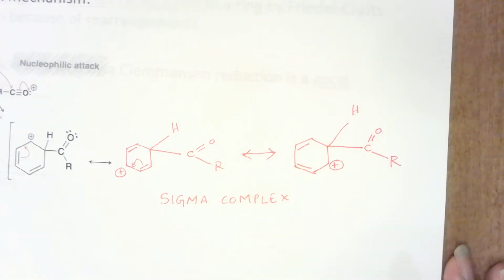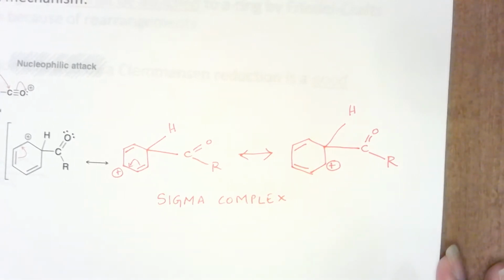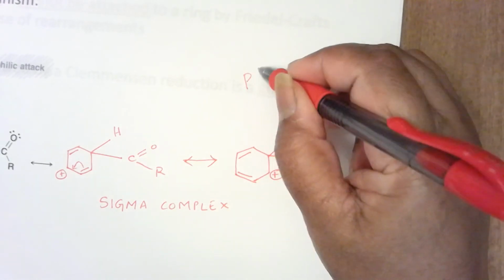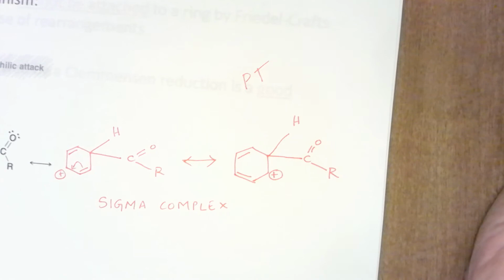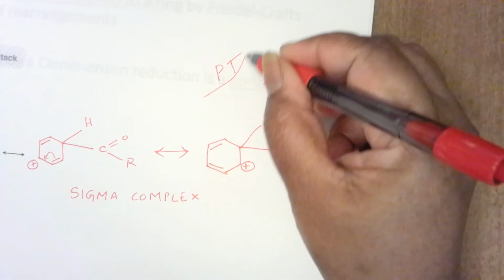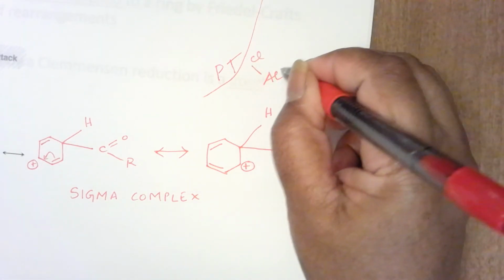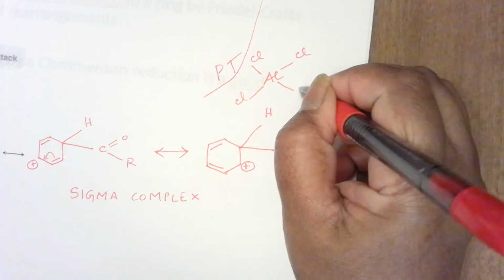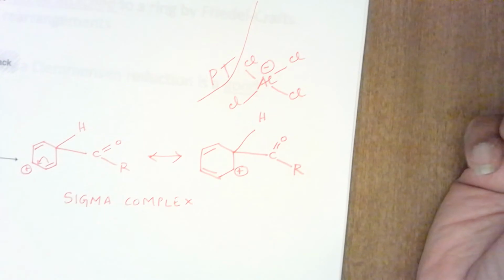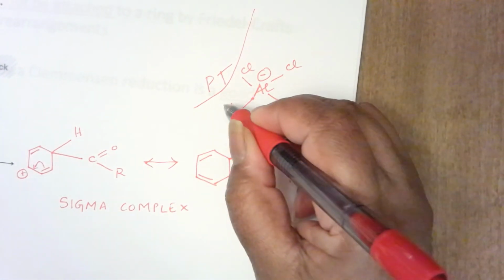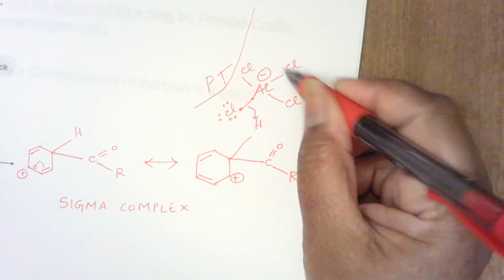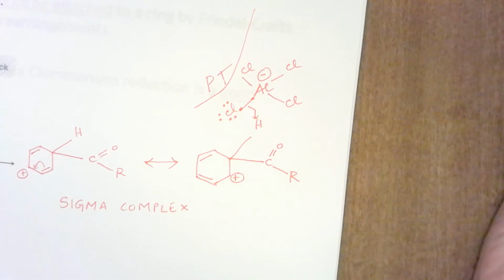And then the last step, that's the proton transfer step. PT. Now the conjugate base comes along, remember, show lone pairs around one of the chlorine atoms, but all the other chlorine atoms have 3 lone pairs as well.